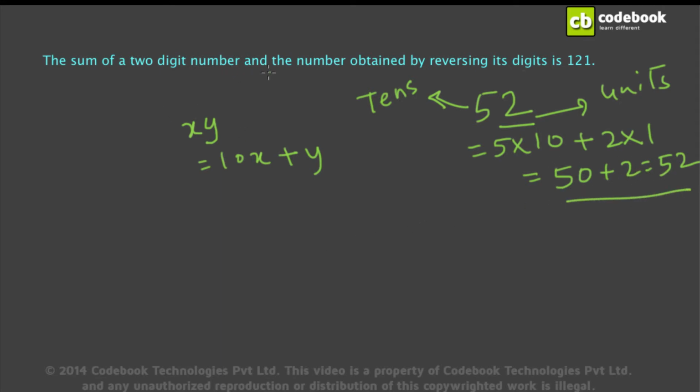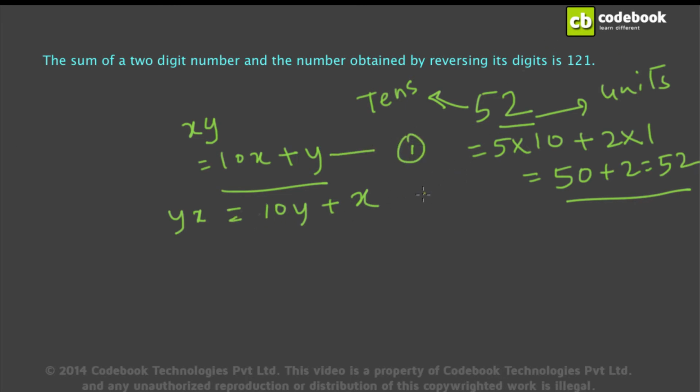And we have also been told that the sum of this number plus the 2-digit number obtained by reversing the digits of this number is equal to 121. So if you reverse the digits of this number, you will end up with yx, which is equal to 10y plus x based on the explanation that we have just given.